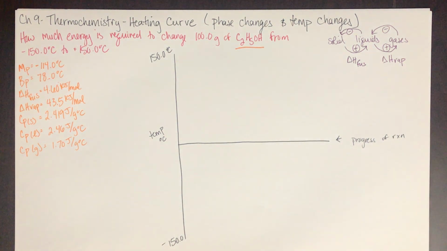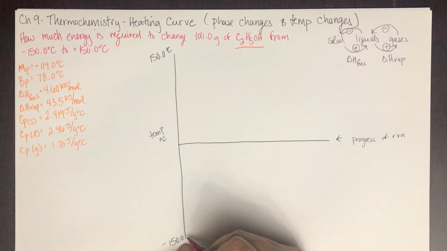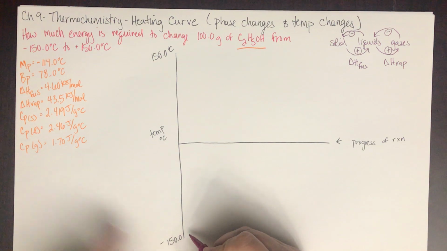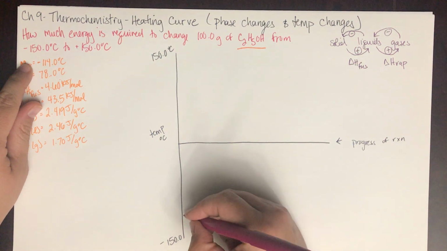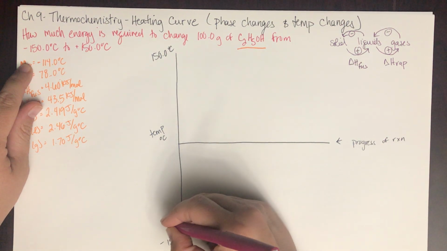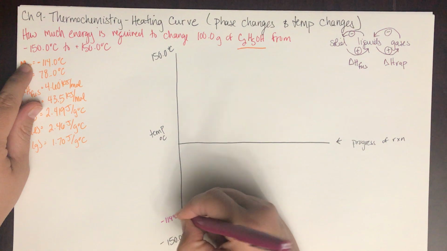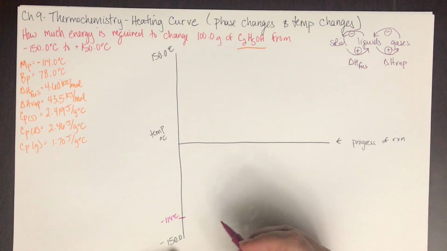Okay, so we are starting at negative 150 degrees Celsius. It doesn't melt until negative 114 degrees Celsius. So I'm going to say this right here is negative 114 degrees Celsius. This is the melting point.